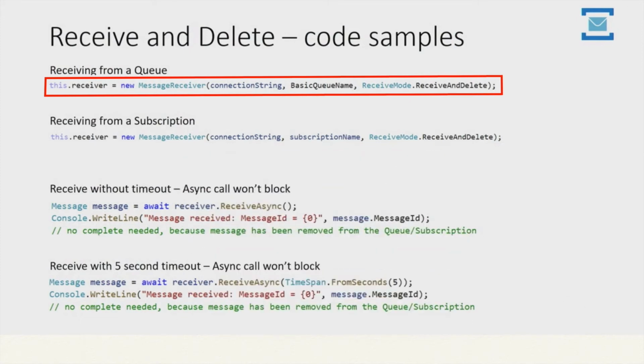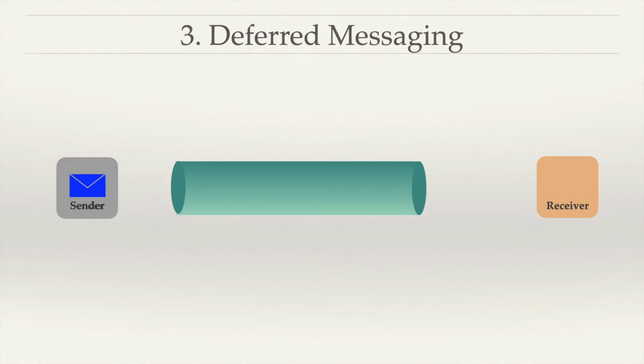So it depends which option you choose, but if you maintain the life cycle of the messages, then that's the recommended way. Let's look at the next option now, which is the third one, deferred messaging. Basically, a message is sent to the service bus queue and the receiver receives it.